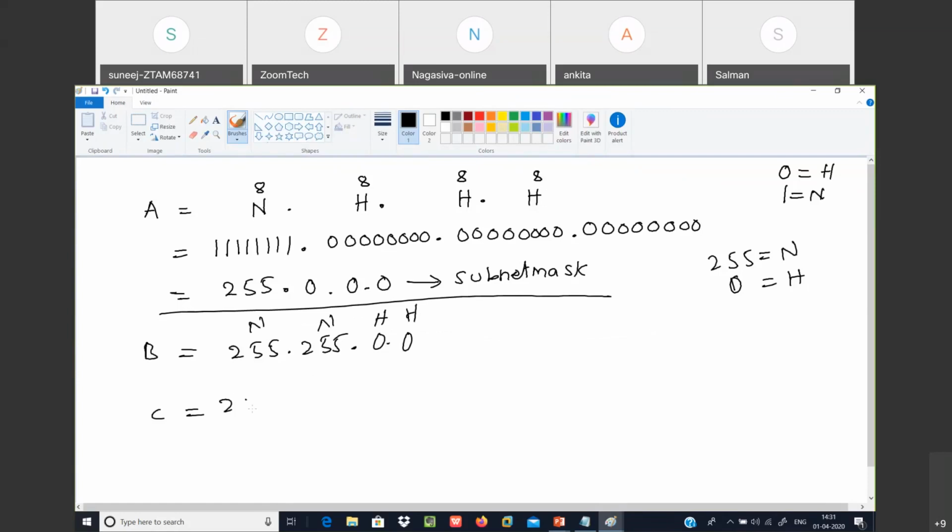Right, 255.255.255.0 because three network portions. So while you're assigning an IP address to your computers, along with the IP address we have to assign what? Subnet mask also. By seeing the subnet mask, the device can understand which one is the network position and which one is the host position.